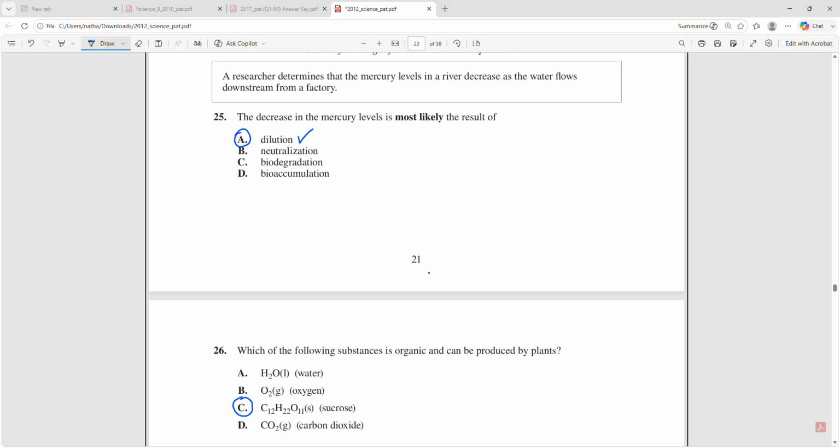It's the lowering of concentration of something in a liquid. So in this case, mercury is in the river, and as it moves down the river, it gets dispersed essentially. But because it's in water, that type of dispersion we call a dilution. So it's diluting the further it goes down, and the more it gets mixed in with more and more water.